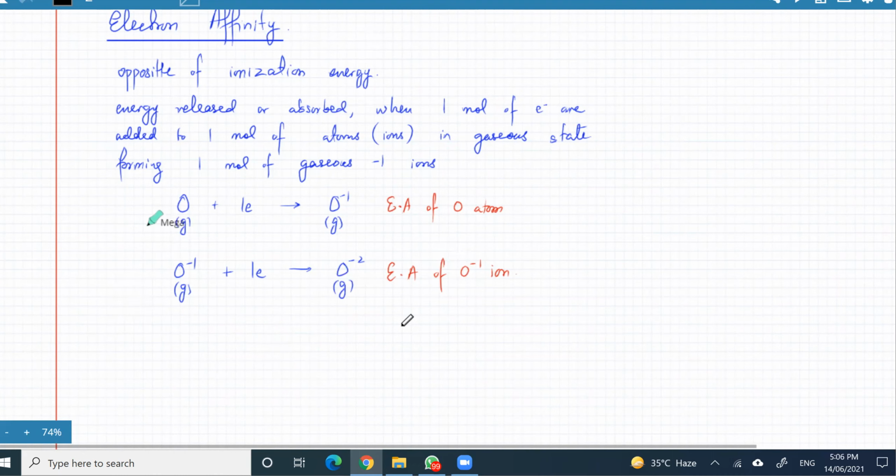So you should know that, for example, nitrogen is going from gaseous state and gains 3 electrons, and it turns into N-3 gaseous.